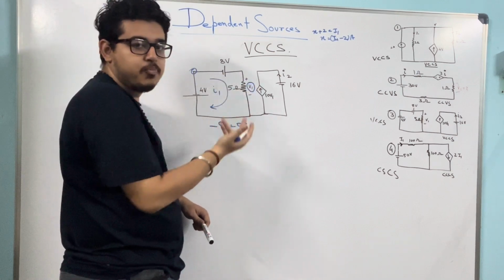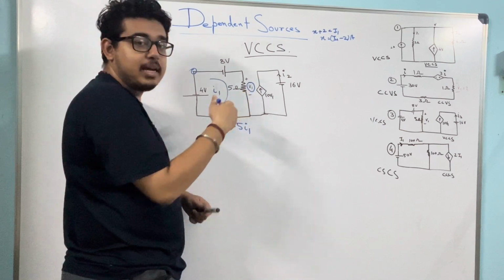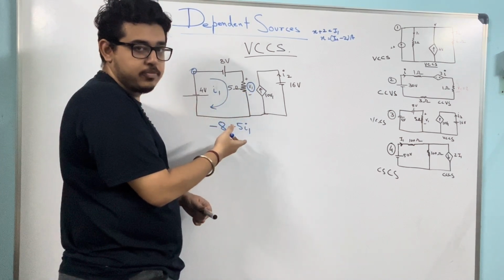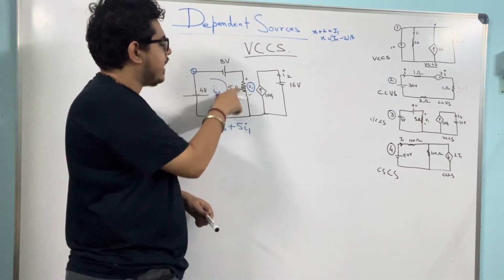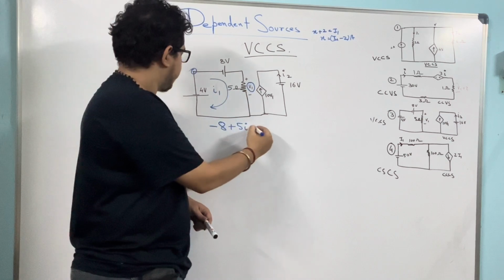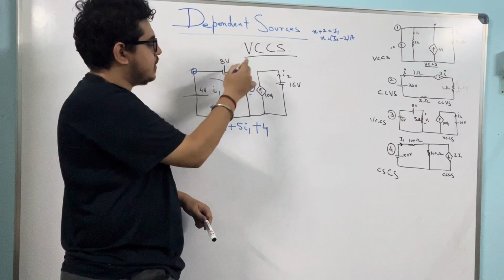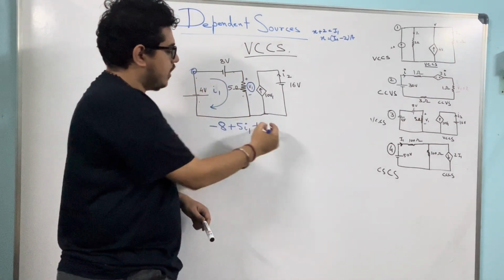I will not use V1. Although this is the same potential, why would I include more variables in my question? So I will just use IR, which is the same as V1. Starting from here: minus 8 plus 5 into I1 plus 4 equal to 0.